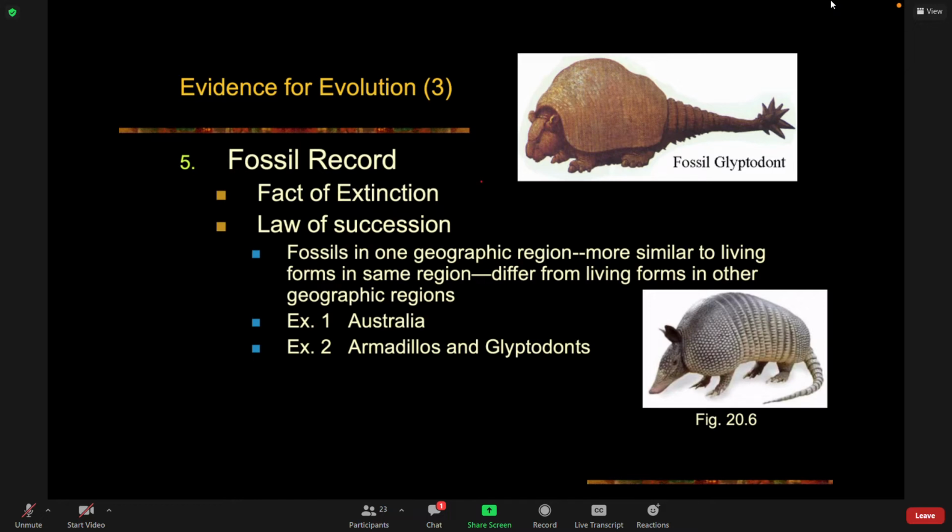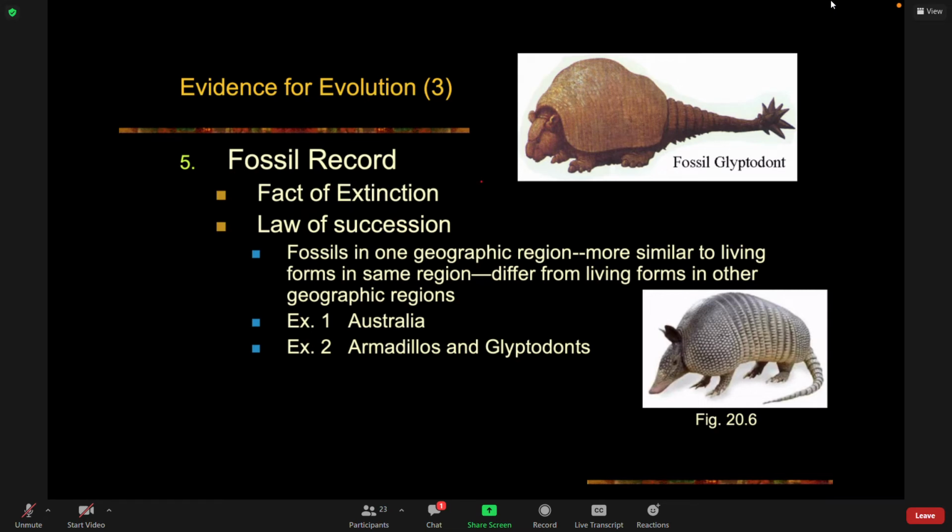But that only was established about 10 million years ago. So we do have armadillos in the southern part of the United States, in Texas, for example. But still, the anatomy of the glyptodont fossils, which we don't have around now, is very similar to the armadillos. And this could be said of a bunch of other types of animals there.